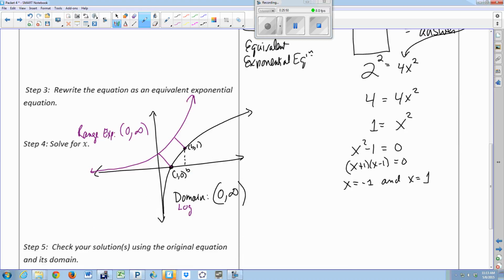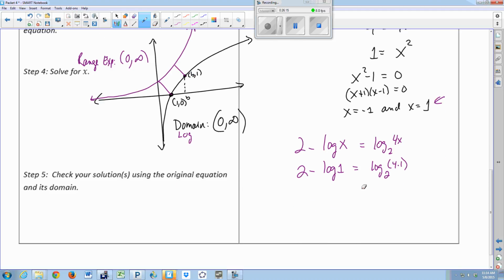What's my original equation say? 2 take away log base 2 of x equals log base 2 of 4x. So I'm going to check 1 first. 2 take away log of 1, does that equal log of 4 times 1? Well, let's see.